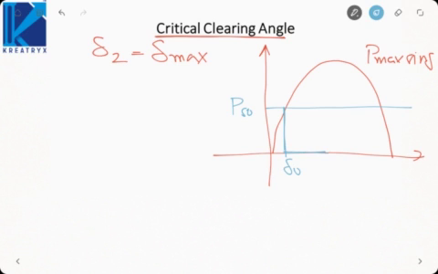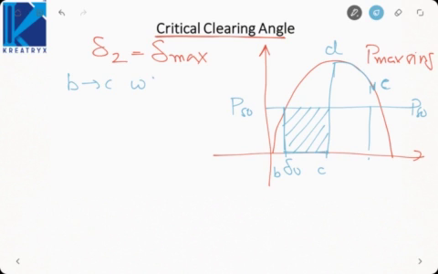When the fault occurred, we were going from B to C. When the fault was cleared, we jumped from C to D and we went till E. So this will be my accelerating area, the area between PS naught and PE from B to C. Because from B to C speed was increasing, that will correspond to accelerating area A1.